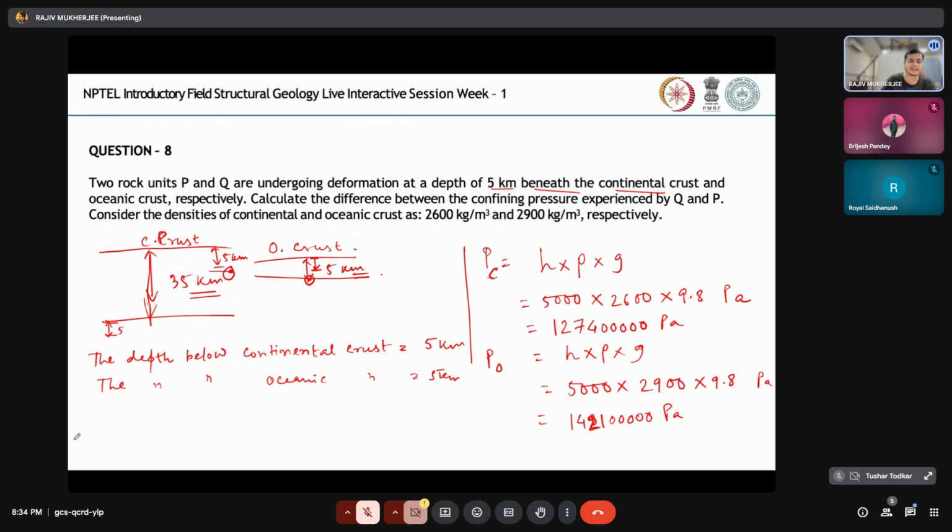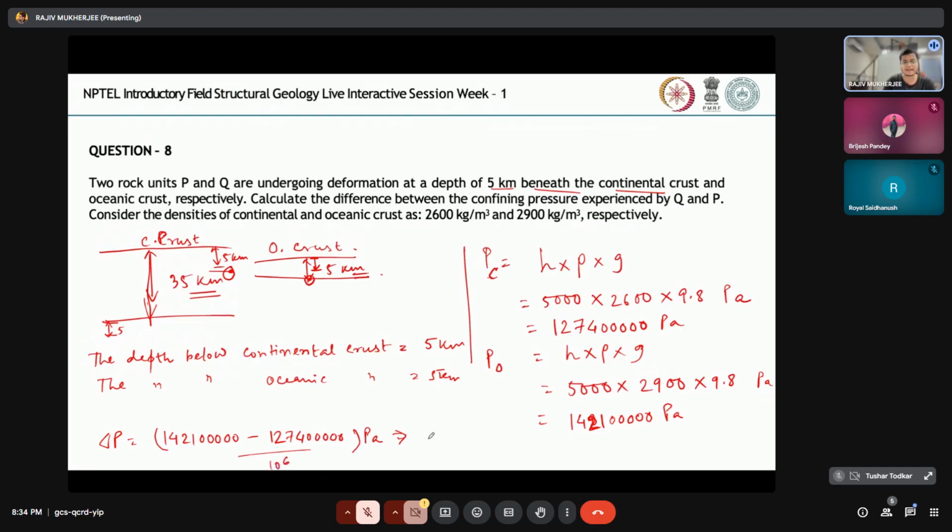Okay, so the difference in pressure will obviously be 1421 minus the first value, in Pascal. And now if I try to convert it into megapascal, because in a geological setting we talk in terms of megapascal, kilobars and gigapascals, you just have to divide by 10 to the power 6.